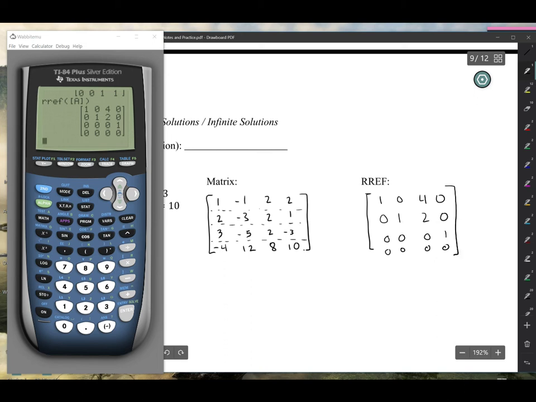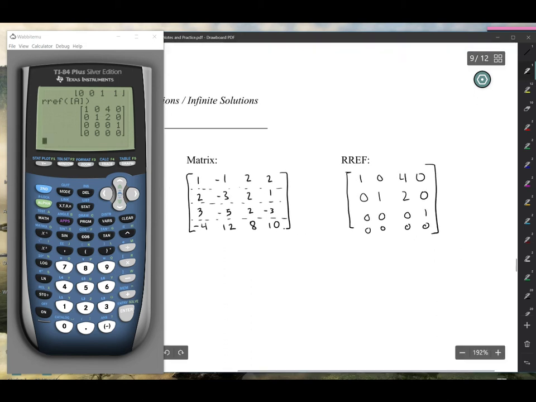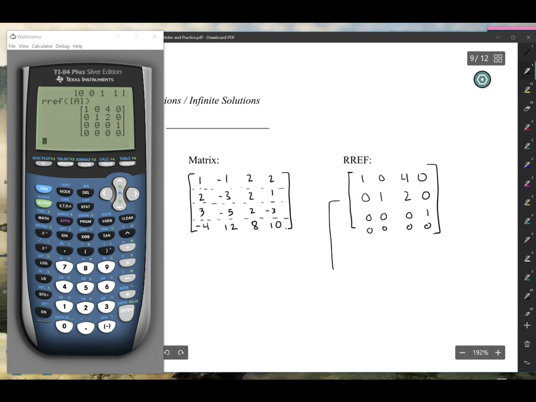Now, if we had to now put this back into algebraic terms, let's see what we have. In this first row, this is saying 1x plus 4z equals 0. In the second row, it's basically saying 1y plus 2z equals 0.